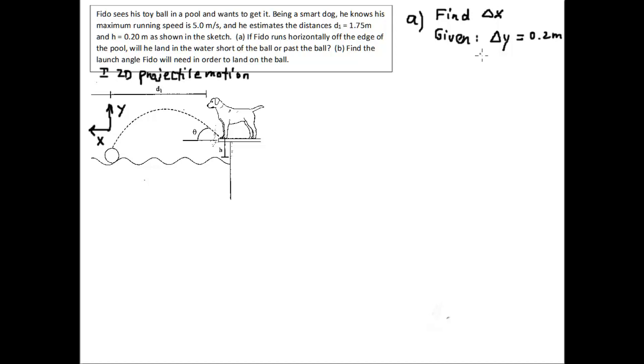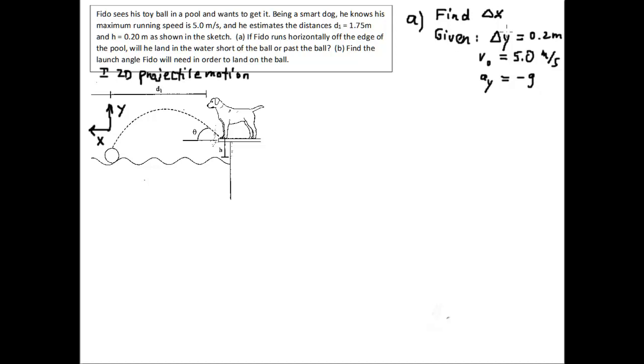What else are we given? We are given v0. We're given that Fido's maximum running speed, which we will assume he uses, is 5 meters per second. And then, of course, since this is a projectile motion problem, we know what the acceleration is, negative g.